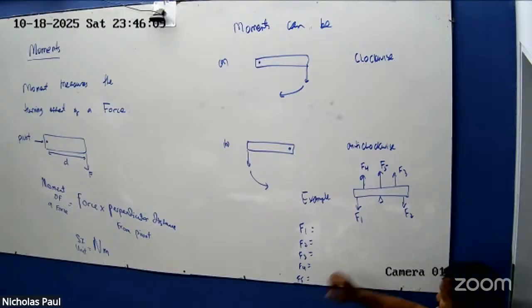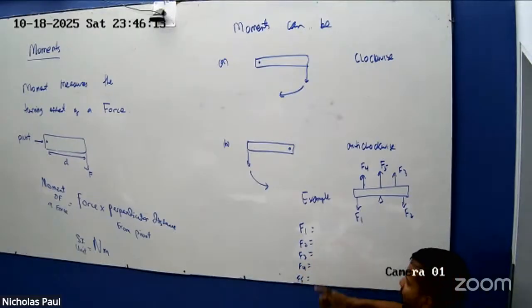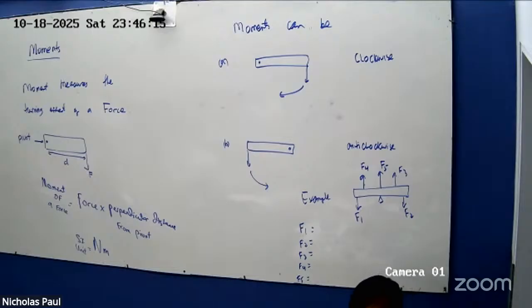Draw this and tell me which is clockwise and which is anti-clockwise. So you can figure out all 5. Be careful with 3, 4, and 5.